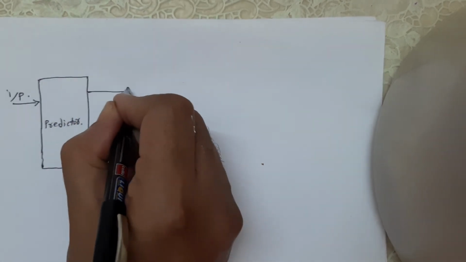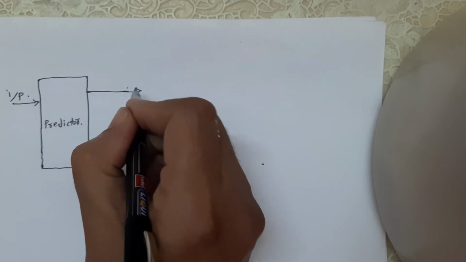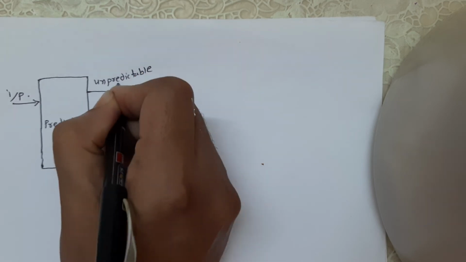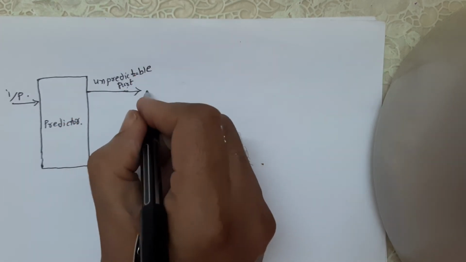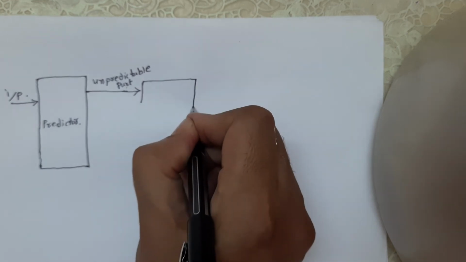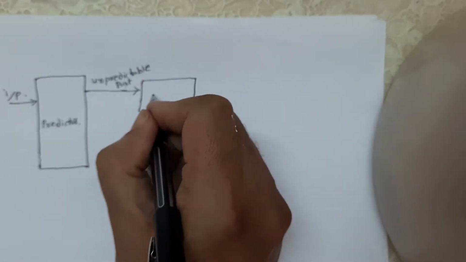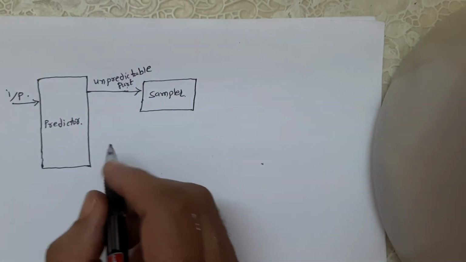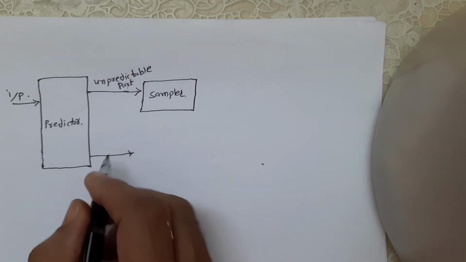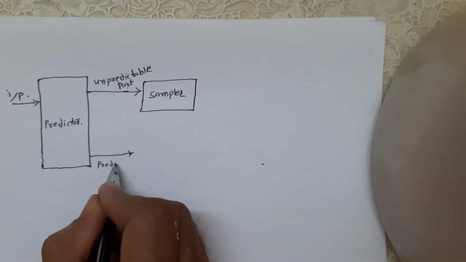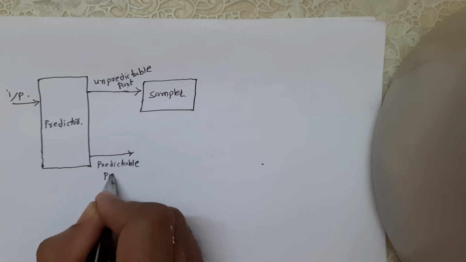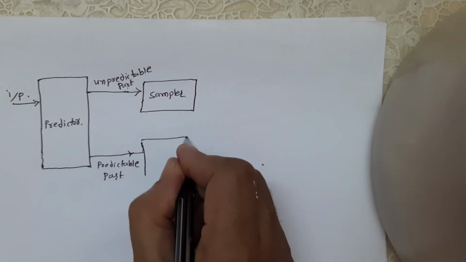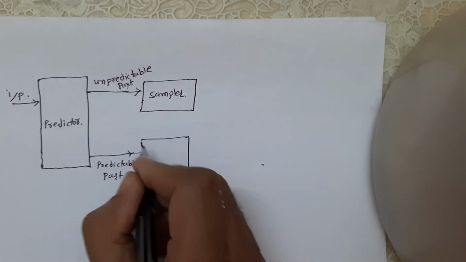The unpredictable part is given to the sampler, while the predictable part is given to the encoder.